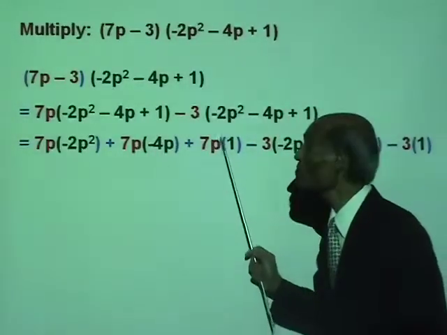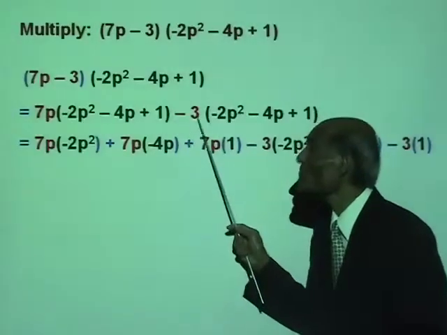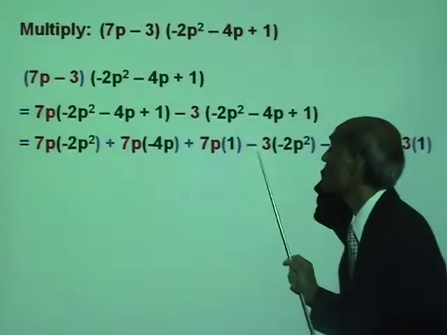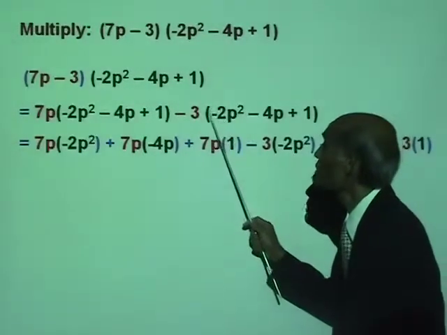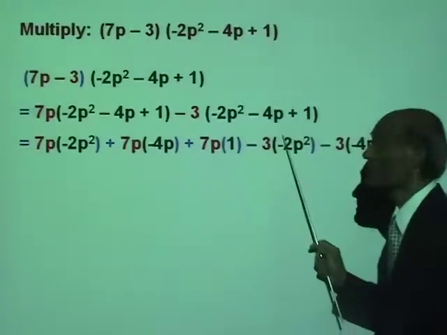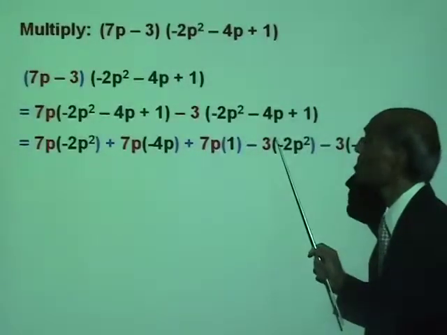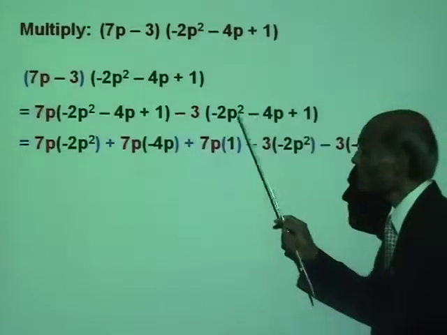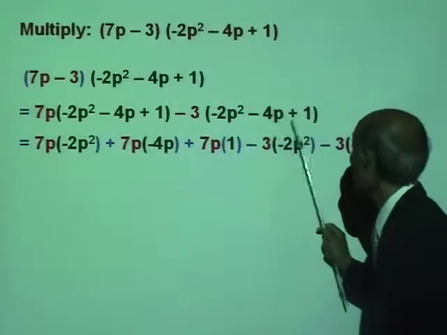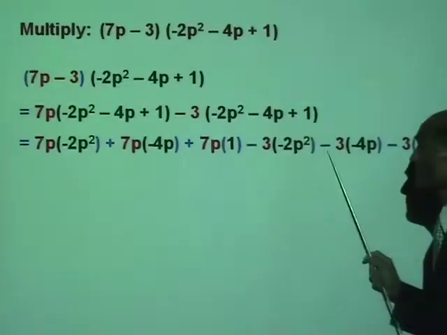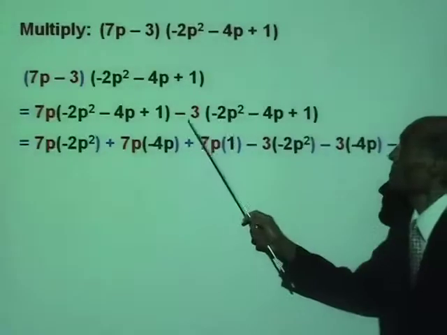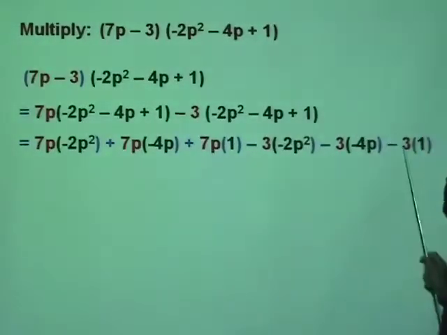Now, next we are going to distribute the negative 3. Don't forget the negative sign. So that will be minus 3 times negative 2p squared. Again, minus 3 times negative 4p. Then minus 3 times positive 1.